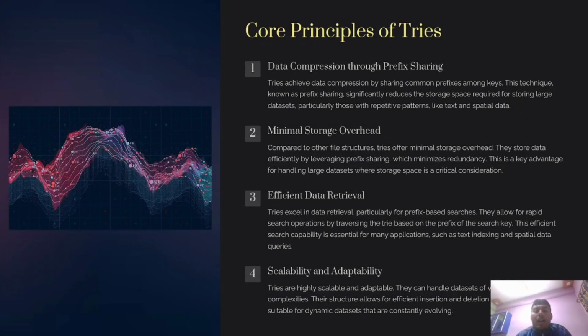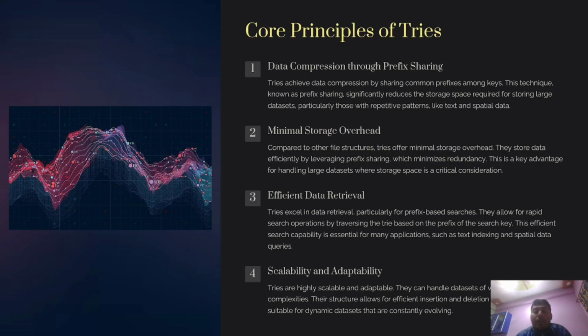Core principles. At the heart of tries are a few core principles. First, data compression through prefix sharing. Tries reduce storage by sharing common prefixes between keys, which is particularly effective for text and similar data with repetitive patterns. Second, minimal storage overhead. By eliminating redundancy, tries provide an efficient way to store large data sets.